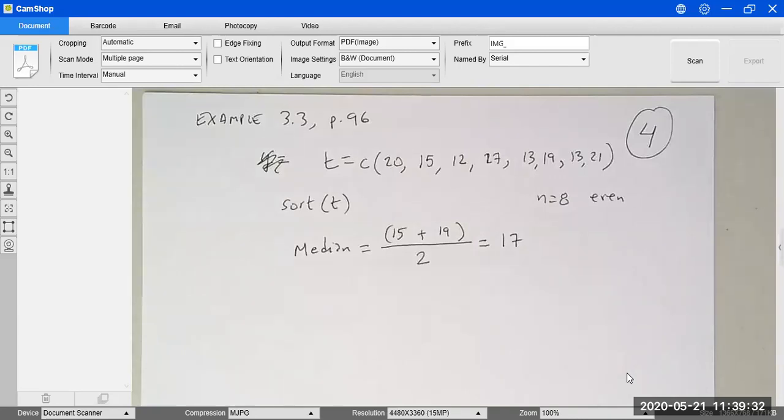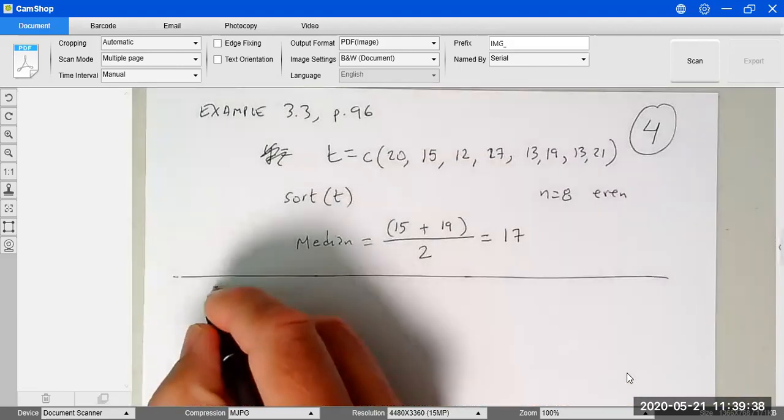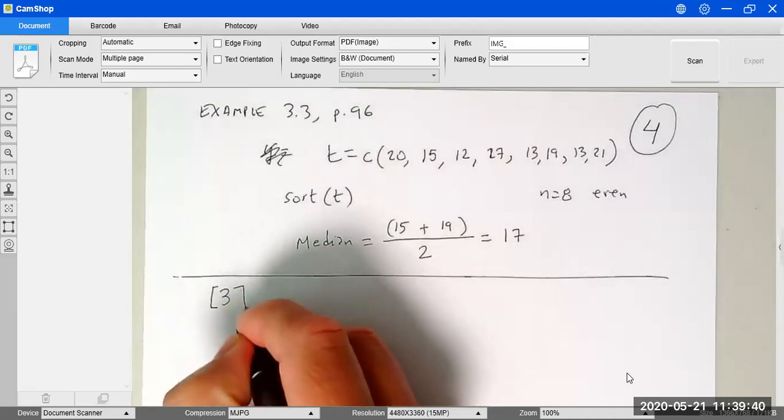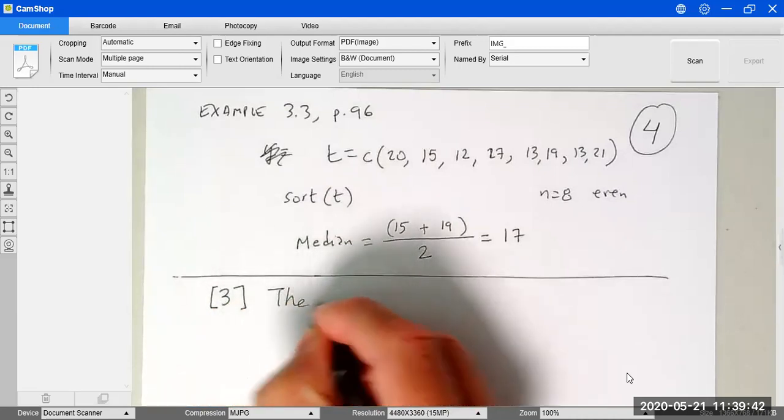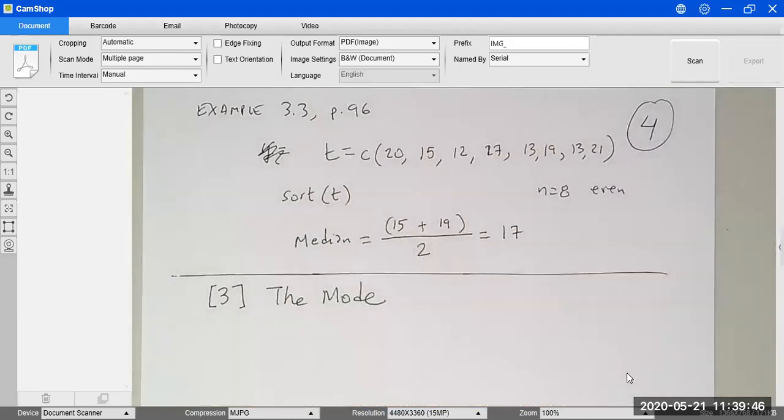I'm going to give you the third measure of center, which is the mode. Let me see whether the mode is described in your book. Where is the mode?